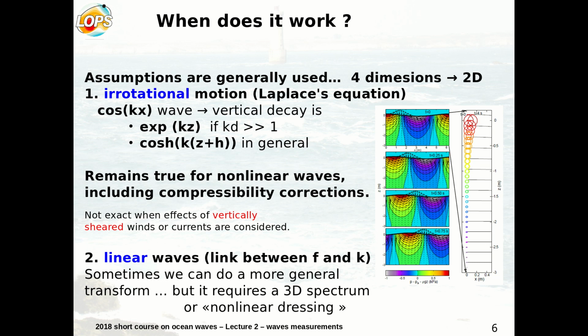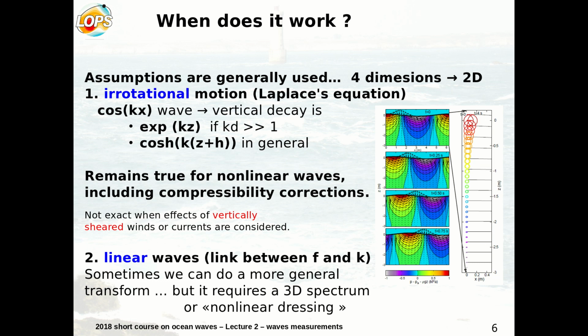Whether the motion is rotational or not comes from the shear of the current, the vorticity of the current. When it is irrotational, which applies most of the time, you can really convert anything from the surface to the bottom with these functions, sinh or cosh in general. And that also applies for nonlinear waves.